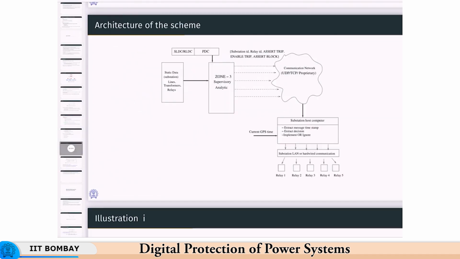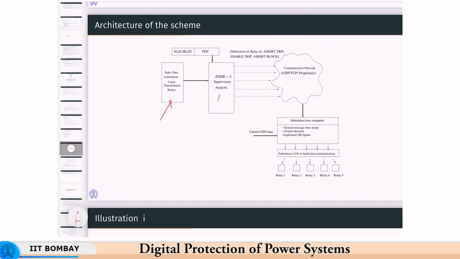So, this is how it works. This is the substation static data, or rather the network data, which is obtained from the substation here. Then from the PDC, the zone 3 analytic works. The PMU is not shown here, only the scheme is shown.